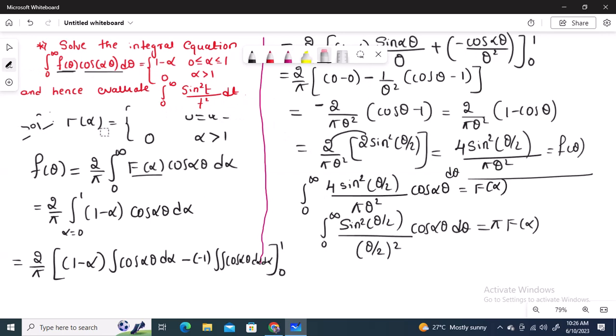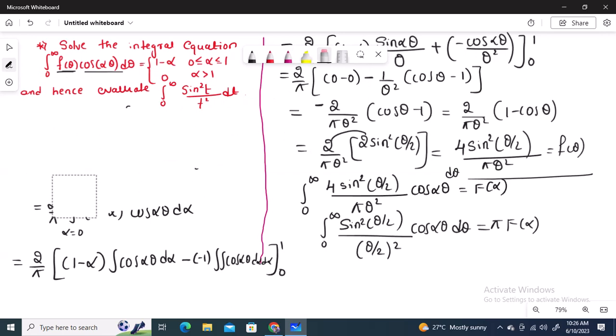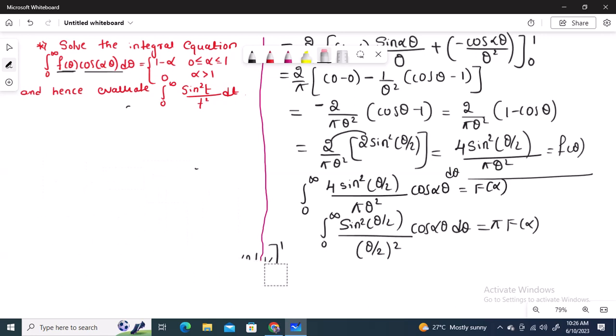So I'll just erase this part for further simplification. So if we simplify further, put θ/2 equal to t, then dθ/2 equal to dt, then dθ equal to 2 times dt.